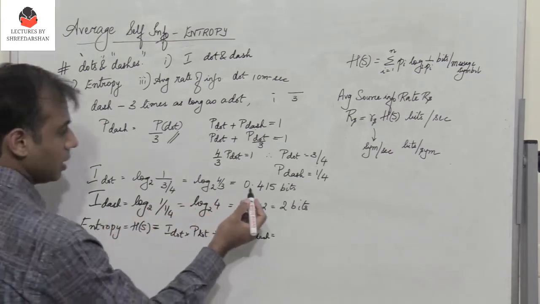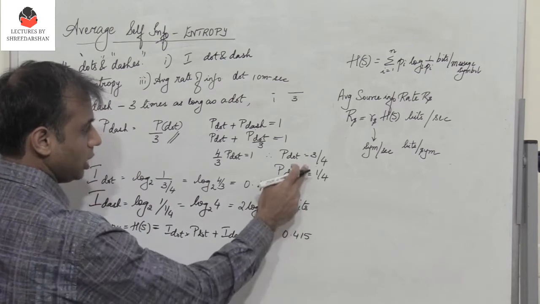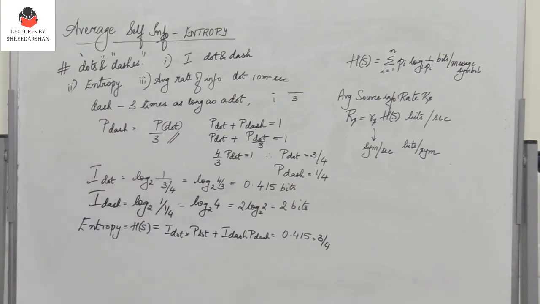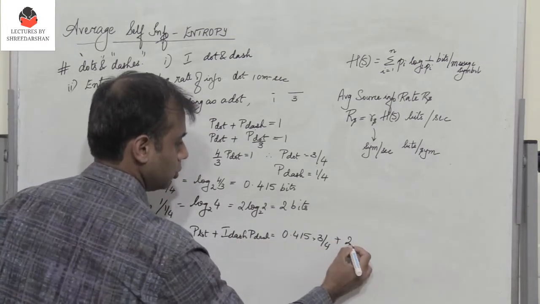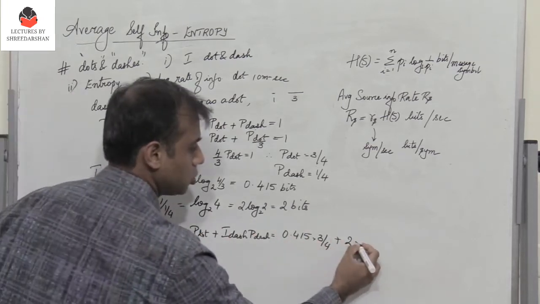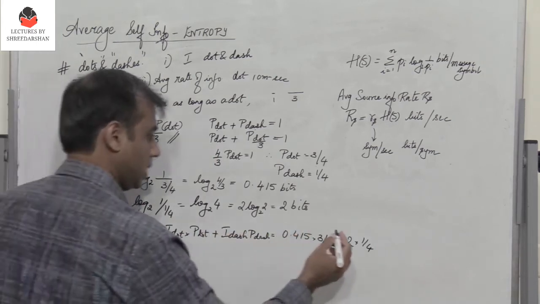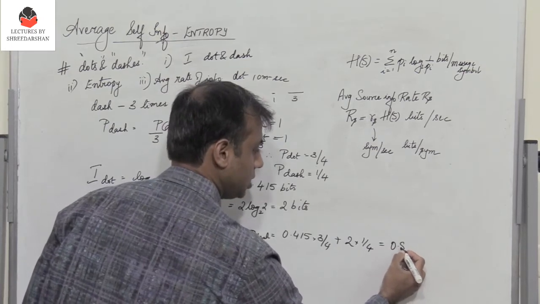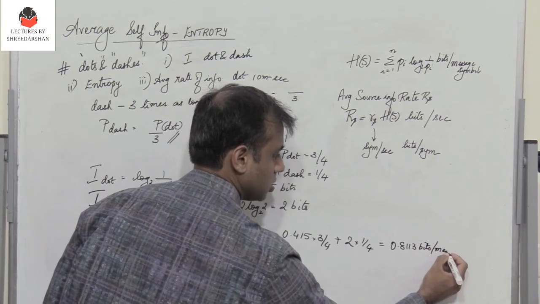So multiply 0.415 with 3 by 4, plus 2, which is I dash, into 1 by 4. Right? So I'll directly write the answer. We get the value as 0.8113 bits per message symbol.